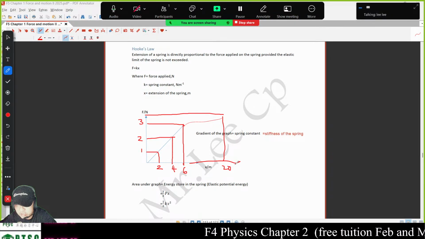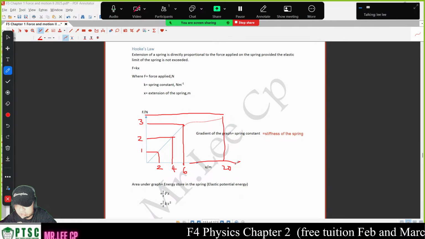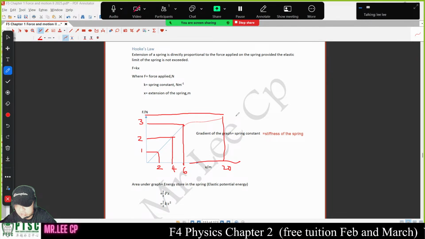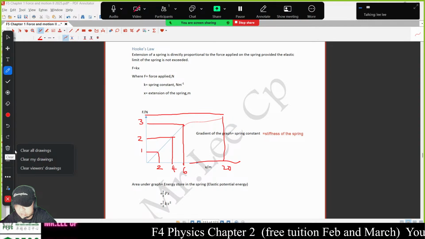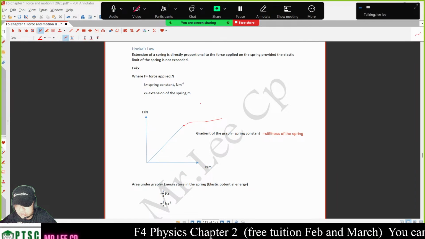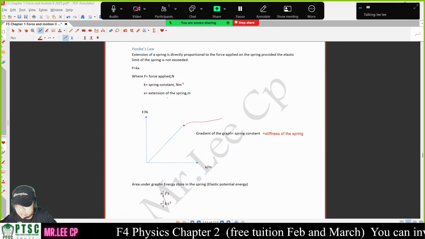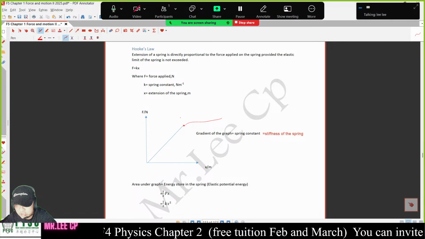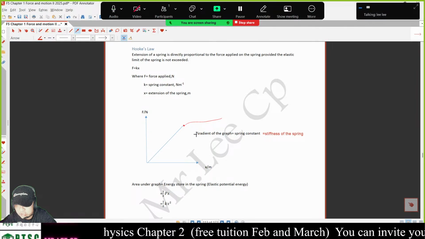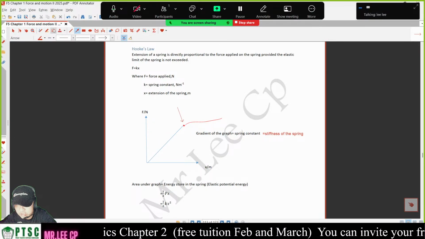So it is not directly proportional anymore. It loses its elasticity already. That is called the elastic limit. So this point here is called the elastic limit.